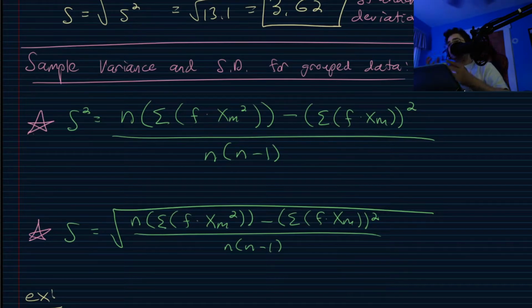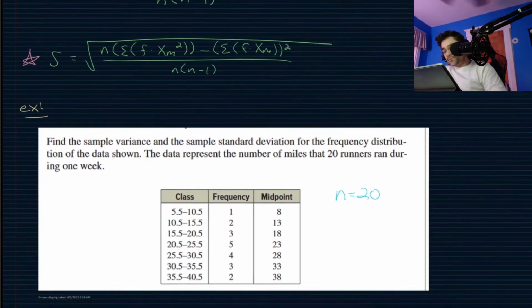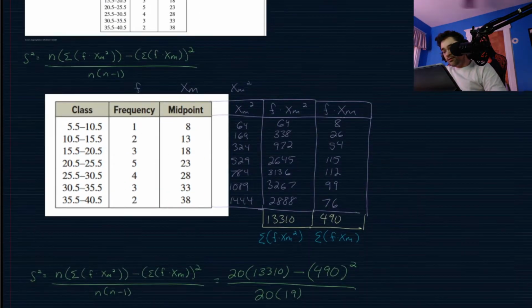Remember, x_m is the midpoint of that data value. f is the frequency of that class. n is the number of data values. This one's really, really hard to plug in correctly and not mess up on. So definitely just make sure you get a ton of practice before going in and taking that test. And I had an example here that we did.